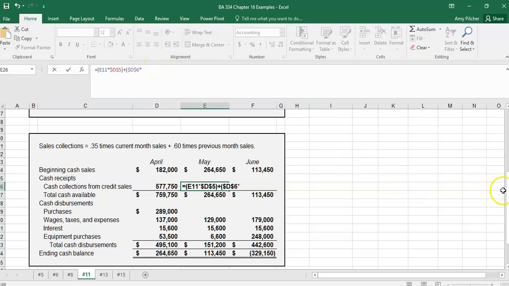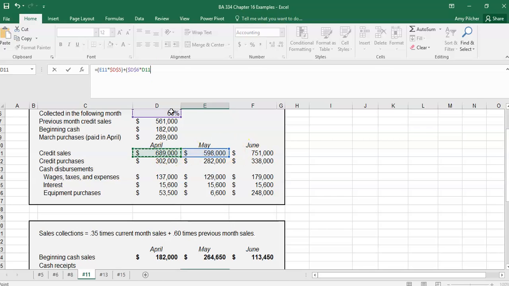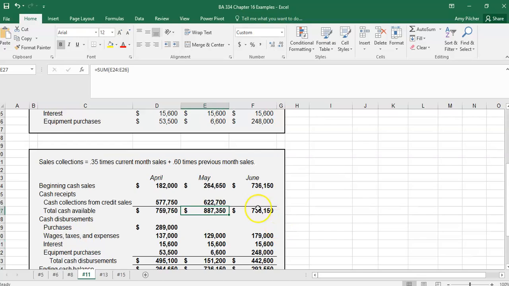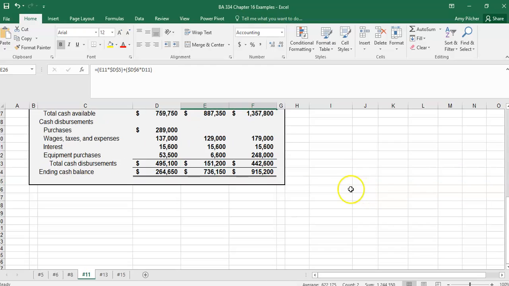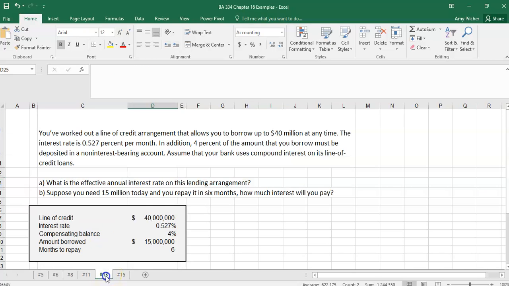Times the previous month's credit sales, so April's credit sales. So that's our cash collections in May, and we can copy that over to June. And now we have our complete cash budget for the second quarter of the year.